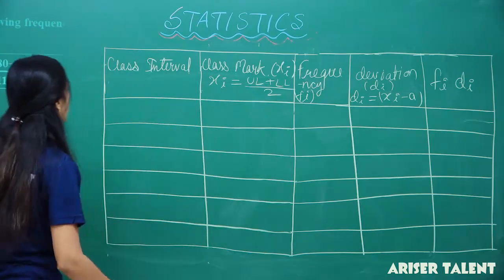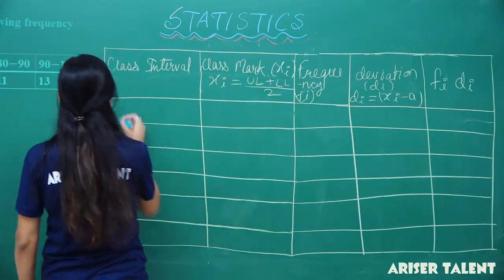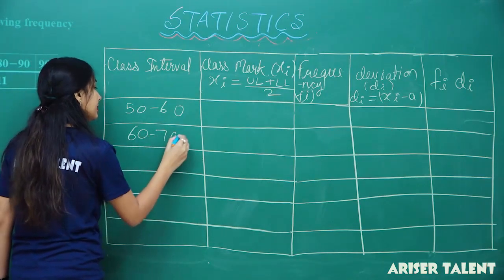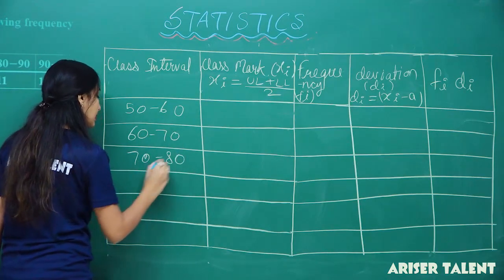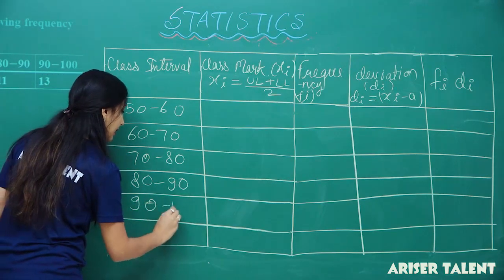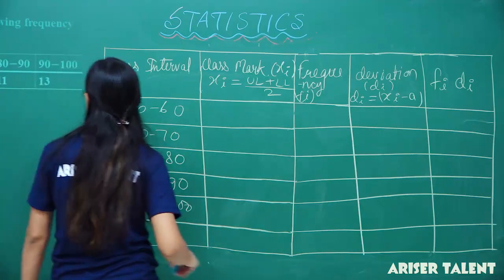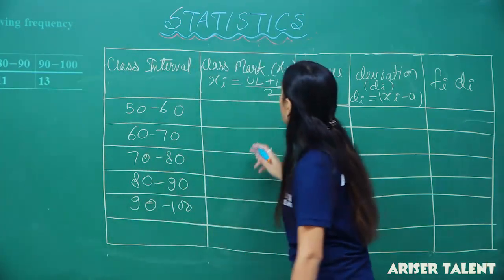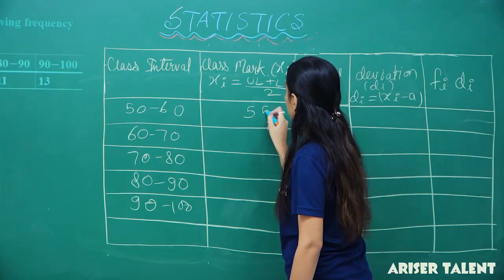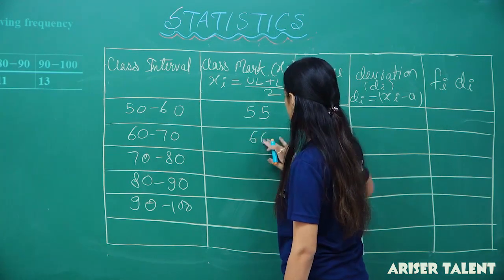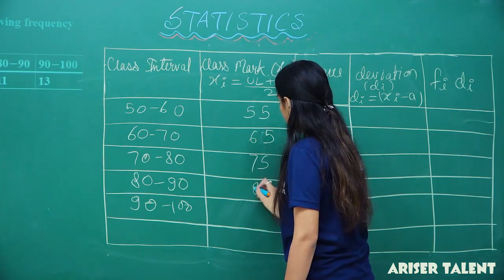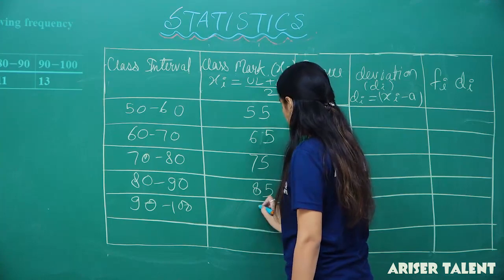Okay, students. So we'll go with the class intervals: 50-60, 60-70, 70-80, 80-90, 90-100, and here we stop. Then there will be the class mark. Now you will do the calculation and I am just writing the values: 55, 65, 75, 85 and 95.